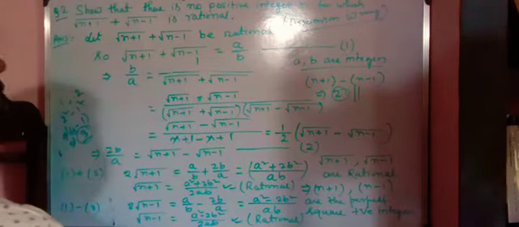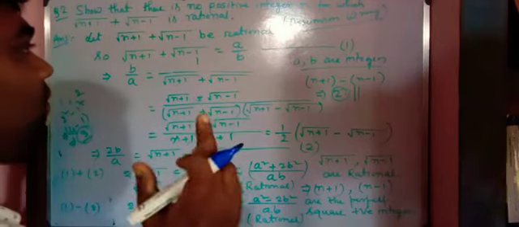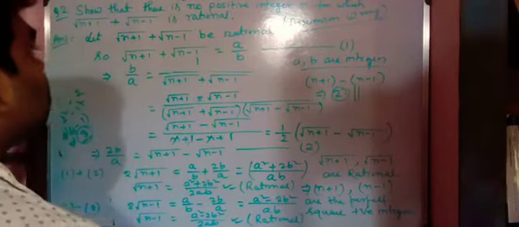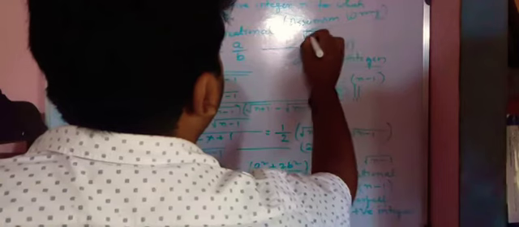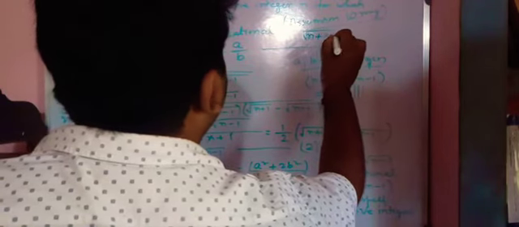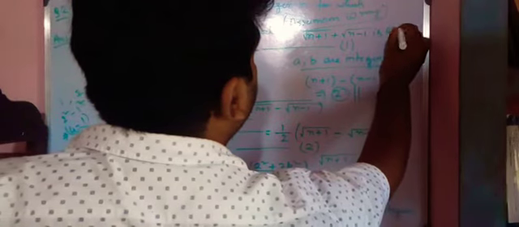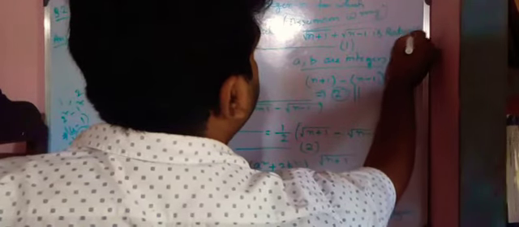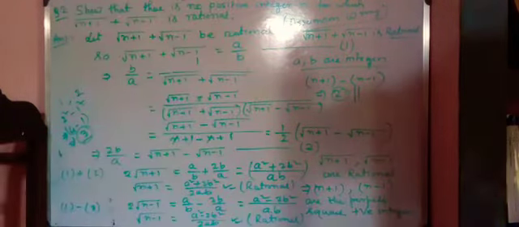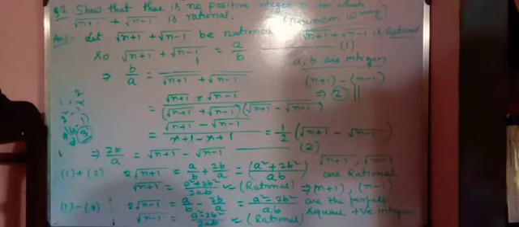So we can say that there is no positive integer n for which root over n plus 1 plus root over n minus 1 is rational. Understood? Hope you understood. Next, move to another type.